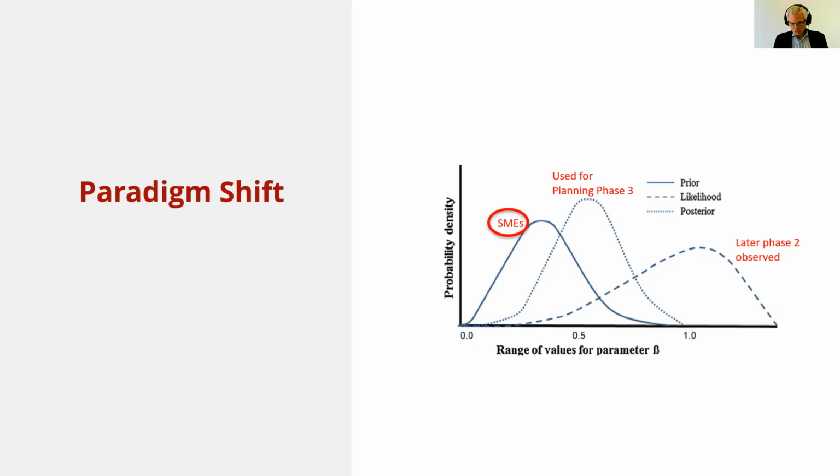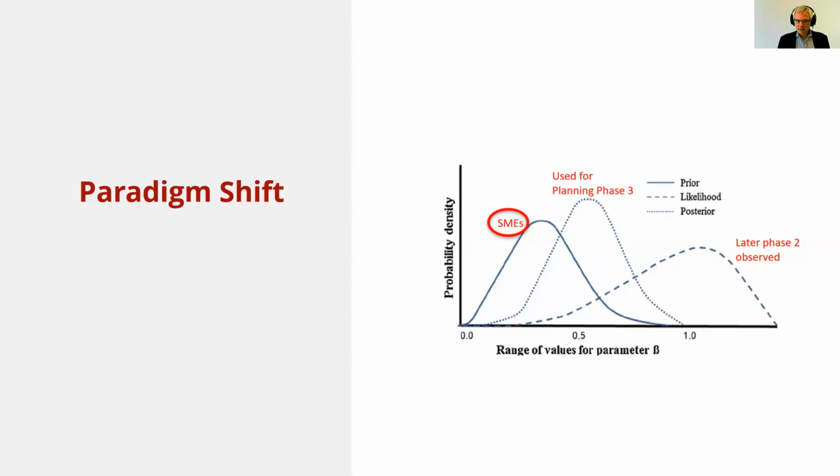In our phase 2 study, which is the large dashed line, after the phase 2 study is over, maybe that's what our distribution looks like. And in Bayesian statistics, we take that information, that's the new information or new experience, we update the prior, the solid blue, and we end up with the dotted blue line in the middle.